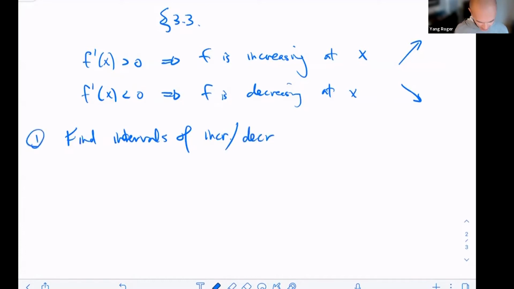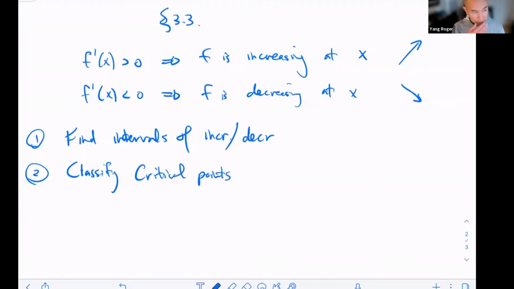And then the second thing that we want to do is we want to be able to classify critical points or critical numbers. Okay. So how do we do each of these?